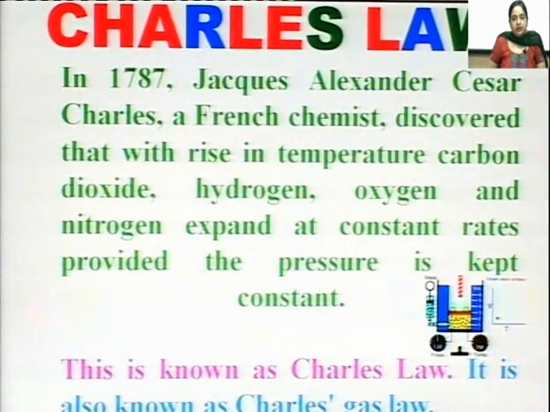Charles' law. In 1787, Jacques Alexandre Charles, a French chemist, discovered that with the rise in temperature, carbon dioxide, hydrogen, oxygen and nitrogen expand at constant rates provided the pressure is kept constant.